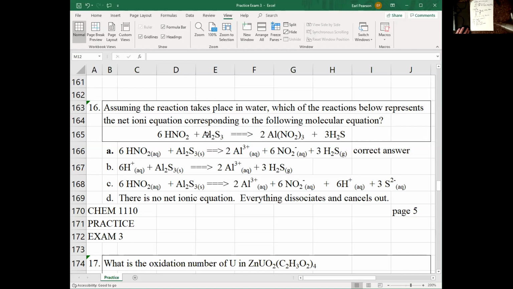Now, what about Al2S3? Would it separate? Well, what are the solubility rules on sulfides? All sulfides are insoluble except group 1 and ammonium. Al2S3 is not one of those group 1 or ammonium sulfides, so it stays as a solid.